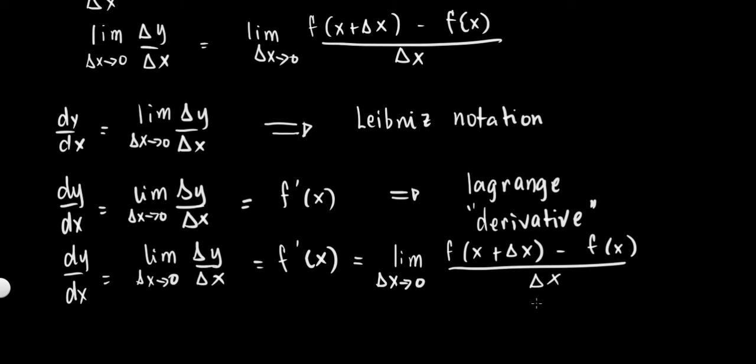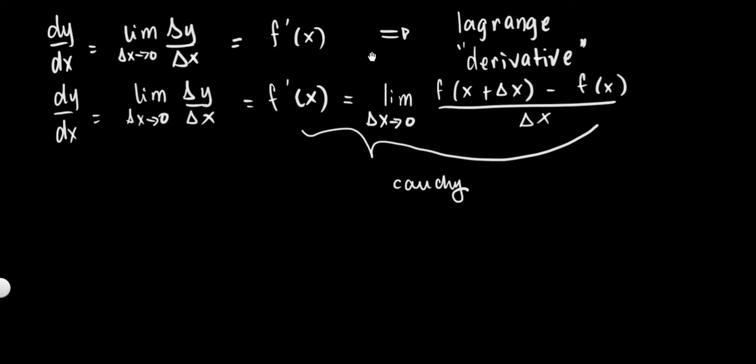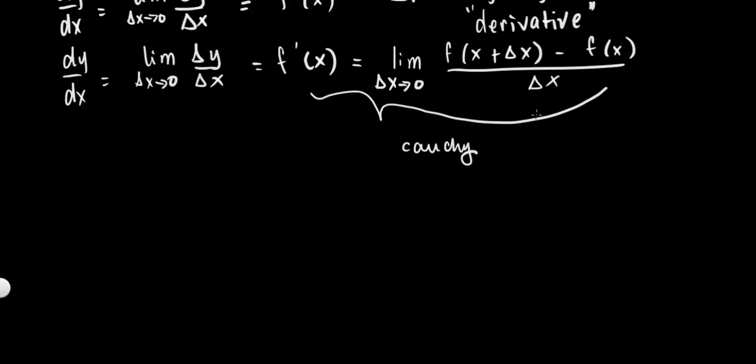Okay, this one, finding the derivative in terms of limits, is from Cauchy. That is what we also use today, no? And of course, the Leibniz notation. Okay, so let me introduce to you Leonhard Euler. To him belong the pi and e.